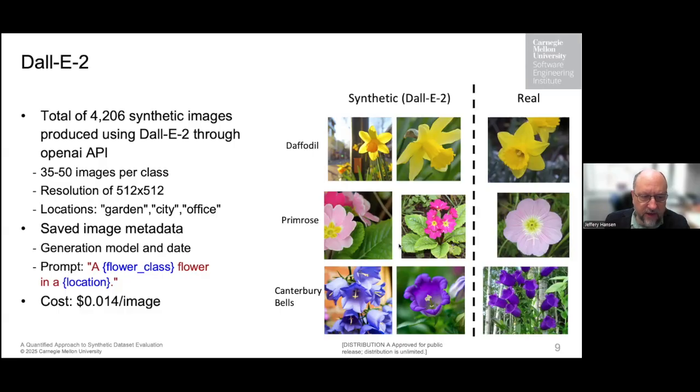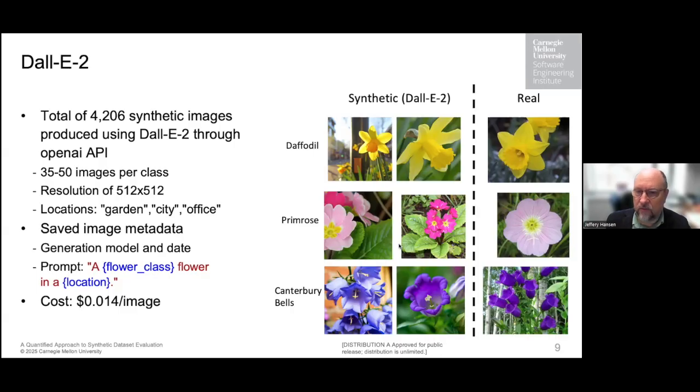These were generated using a prompt like a flower, whatever flower type you want, in a location, and then we added a loop that generated different combinations of target flower types and different background types. The advantage of this is it's very cheap.